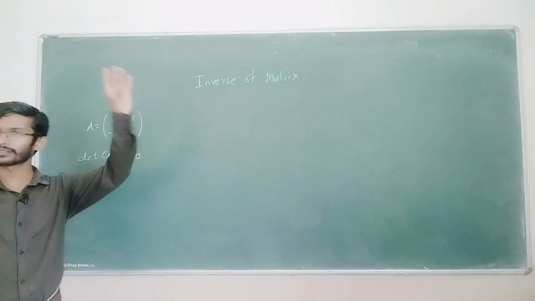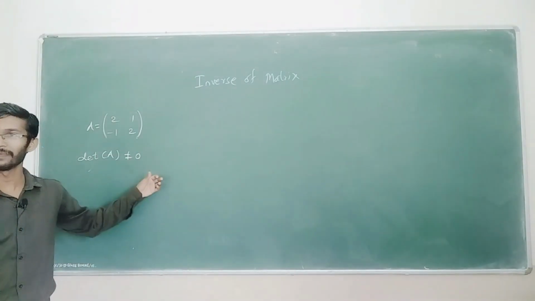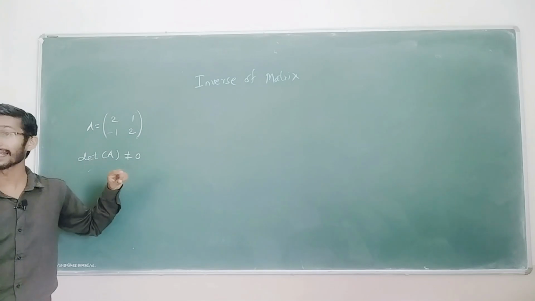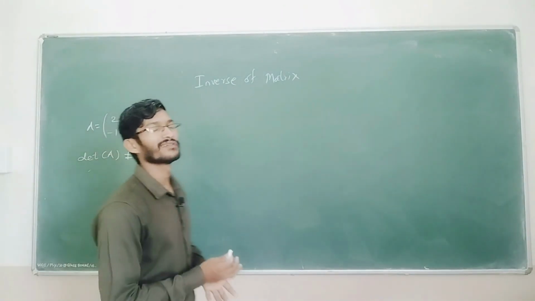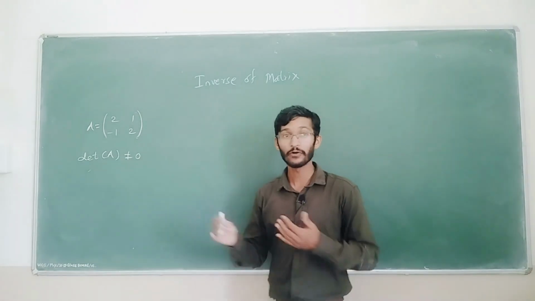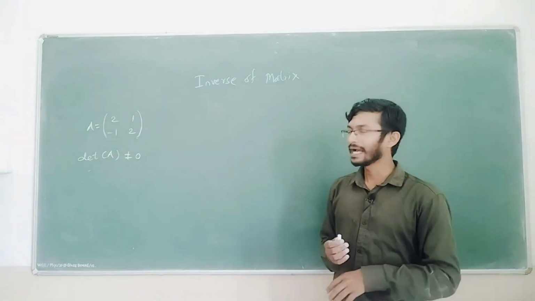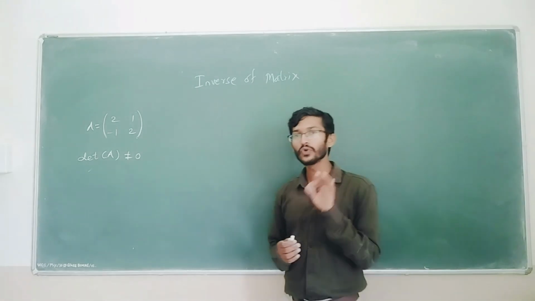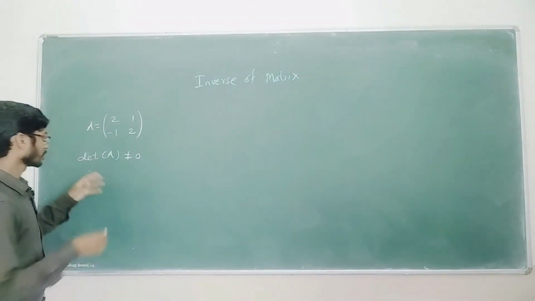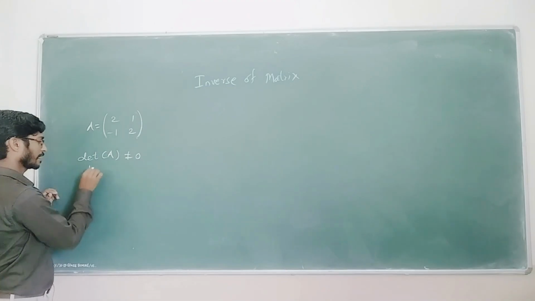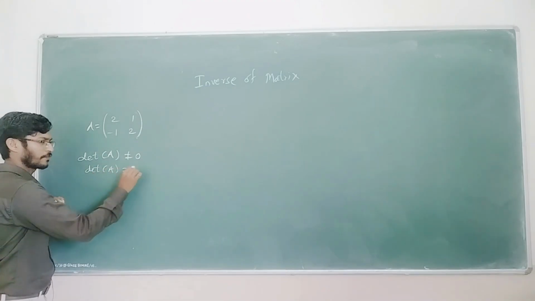What the value is, is not required in this method at least. We require it in the adjoint method, where we have to use the determinant of that particular matrix. In this case, the determinant of A is equal to 5.